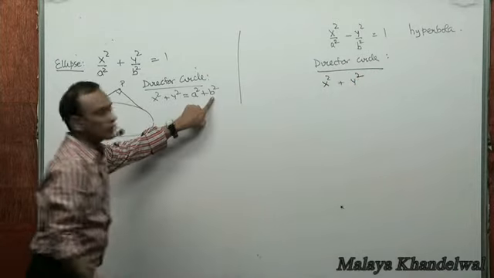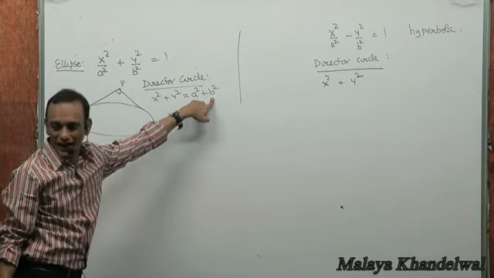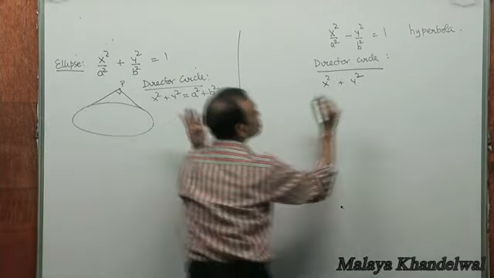Just replace b squared by minus b squared to get the equivalent proposition in a hyperbola. So x squared plus y squared will turn out to be a squared minus b squared for a hyperbola.